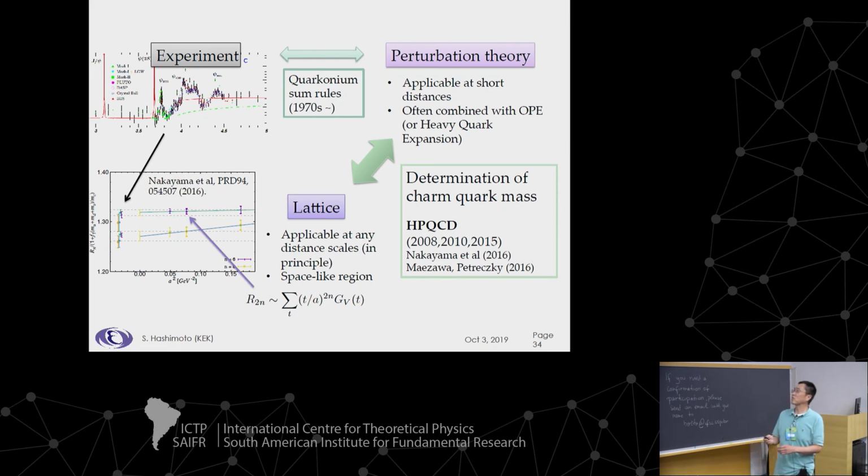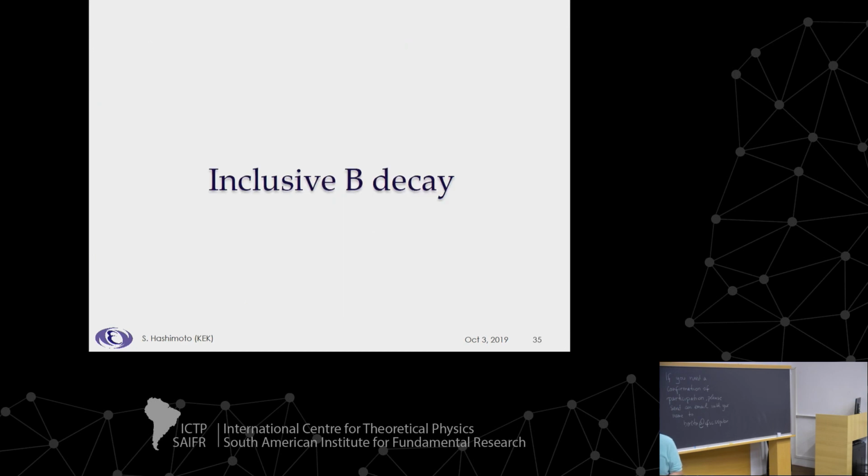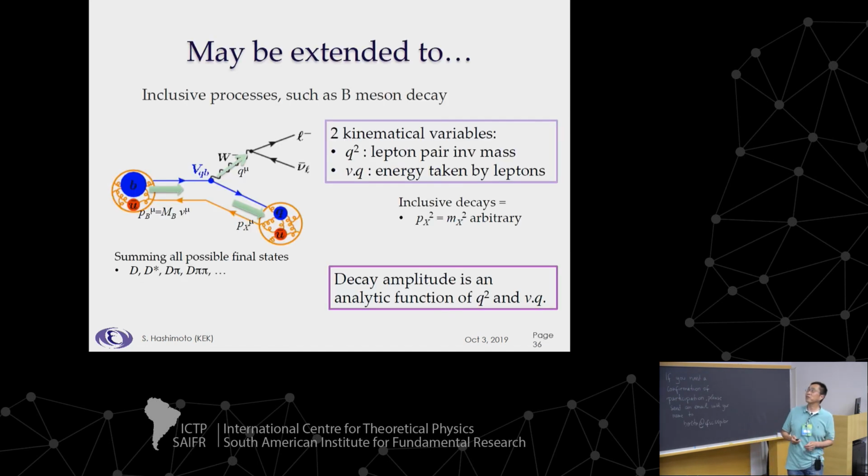So for this particular quantity, we see the nice triangle among the experiment, perturbation theory and the lattice. That is a sort of ideal situation in which we can use as much information as possible to obtain the fundamental quantities. And a similar idea may also be extended to other quantities like inclusive B-meson decay.